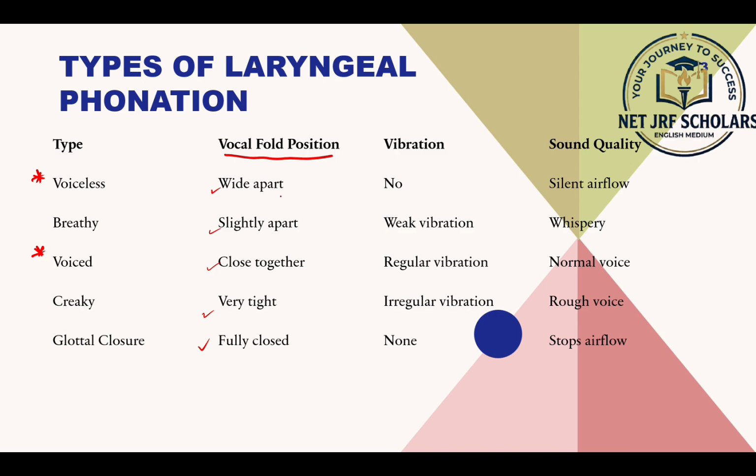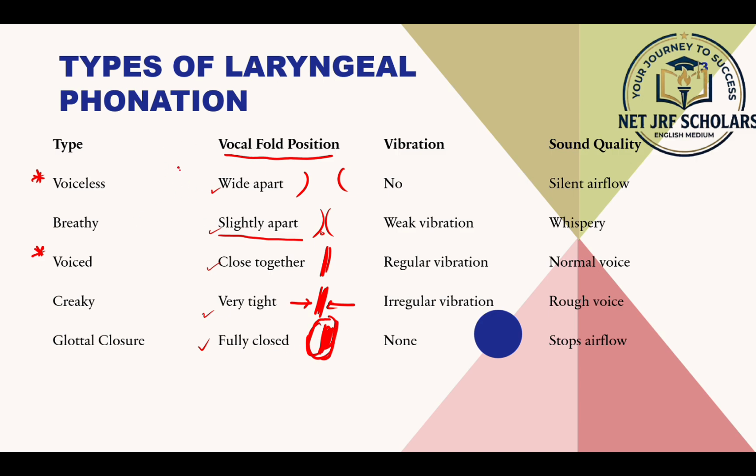First, we are talking about when the vocal folds are wide, then slightly apart, close together, very tight, meaning very close but tight, and fully closed, with no space for the air to escape.